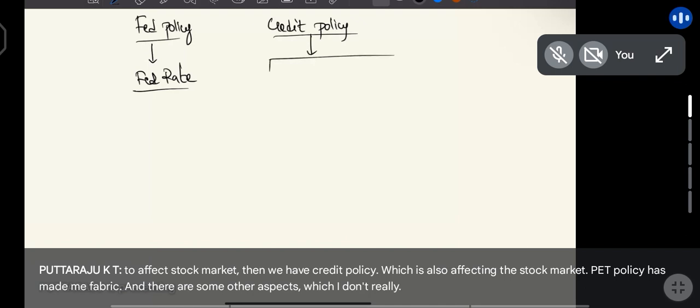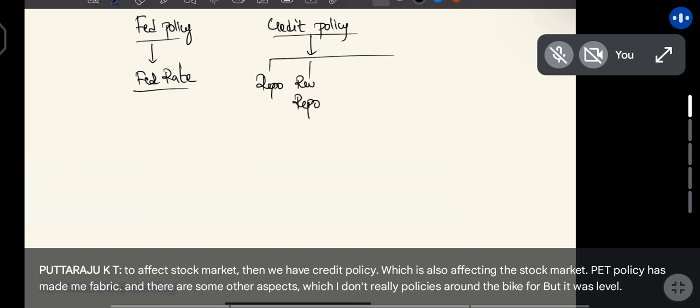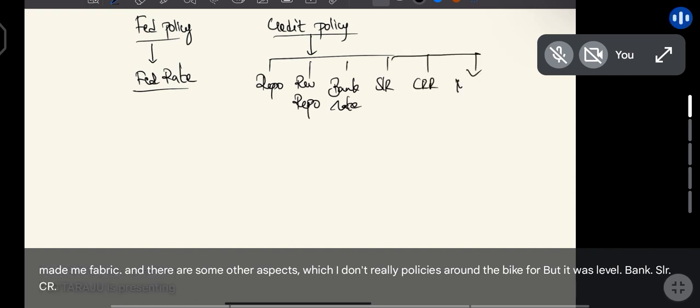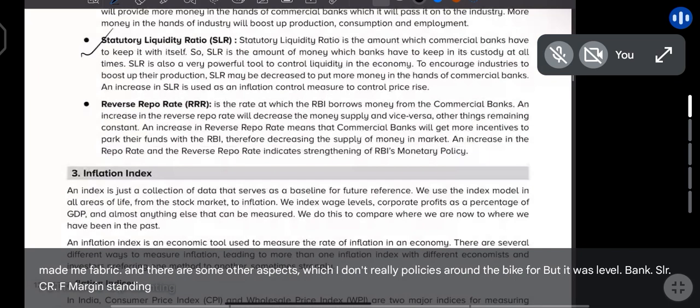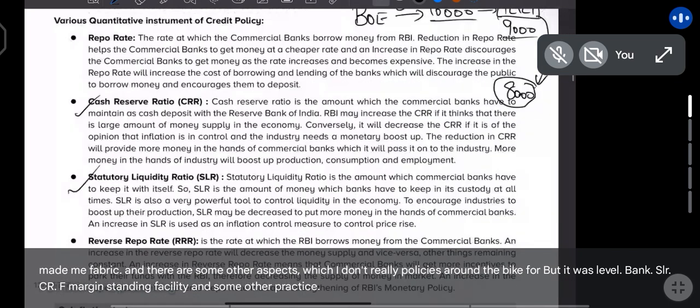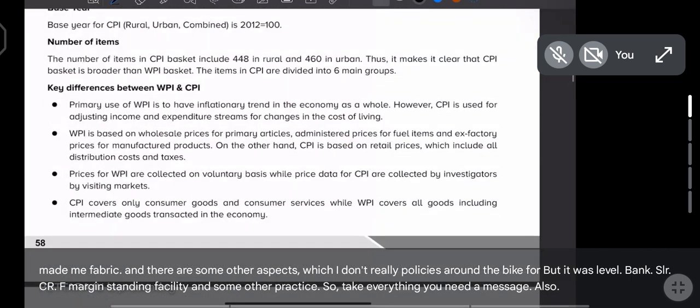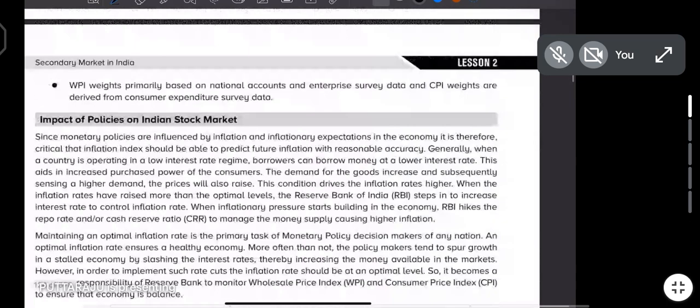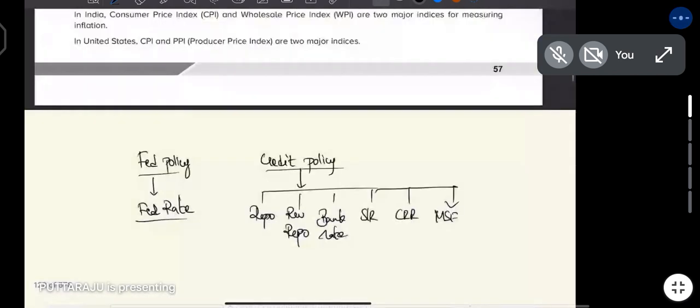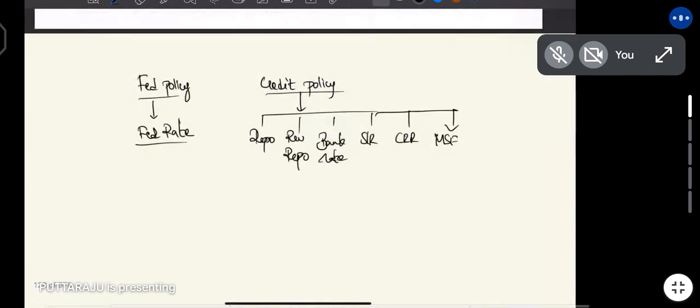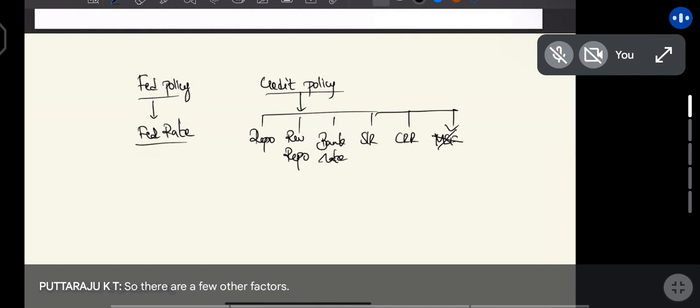Credit policy is governed by the repo, the reverse repo, bank rate, SLR, CRR, marginal standing facility, and some other factors. Because you need MSF also. So there are a few other factors that we need to cover.